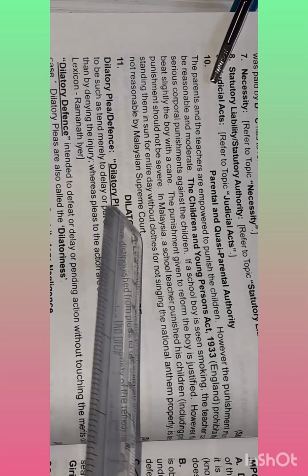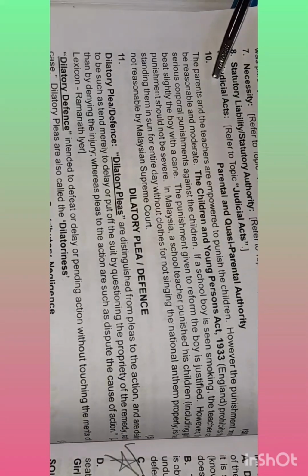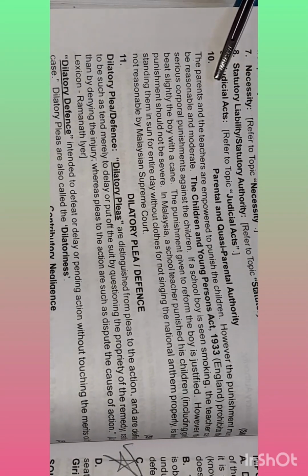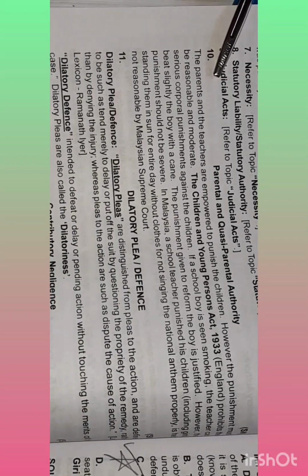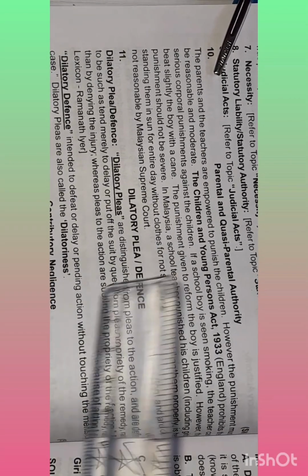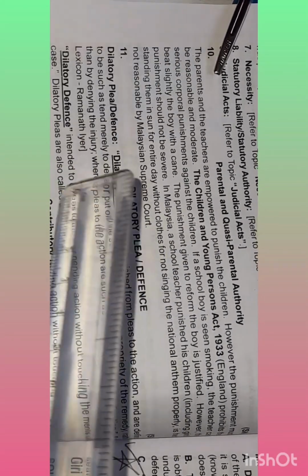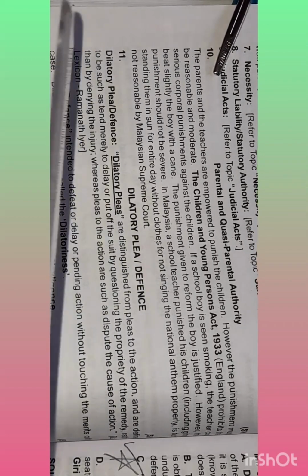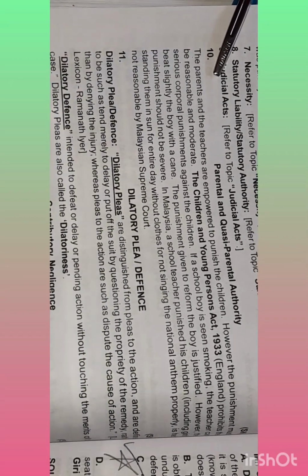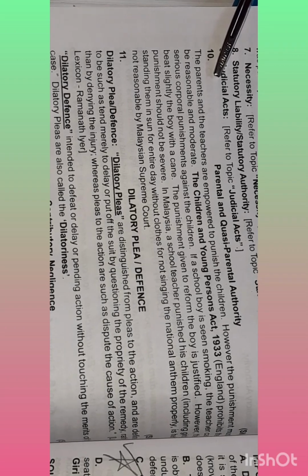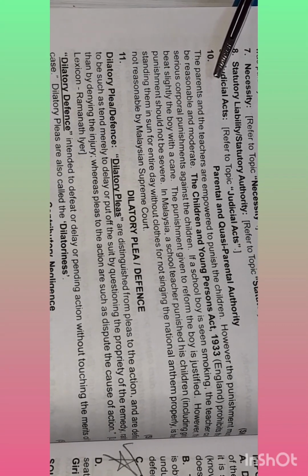Okay, this is an invalid reason, right? She can teach them. Why are the teachers for? Okay, this was an example. So parents and teachers can give punishment, but it should be in a limited way. You should not exceed the limitations of being a teacher or being a parent.